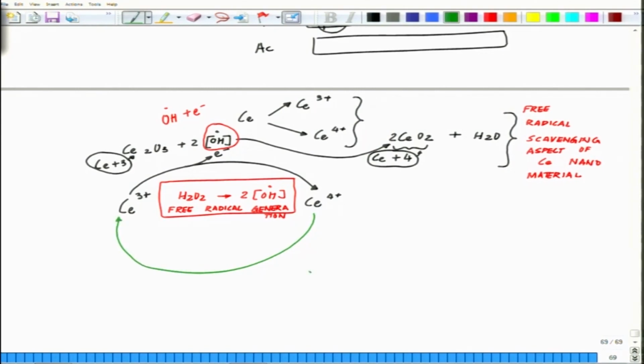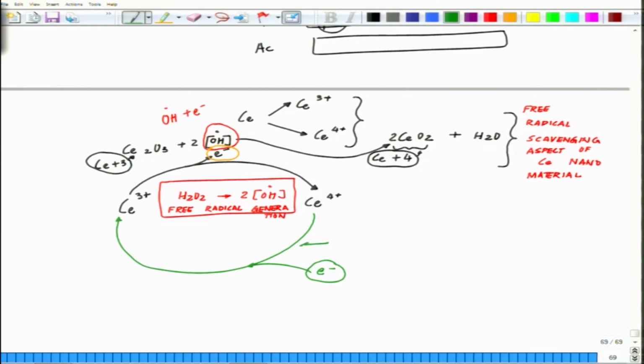In that process, it will pick up an electron from the surface. This is the reducing electron, and this is the electron which is helping the ceria get oxidized. This electron which it picks up is basically a recovery by surface chemical reaction.